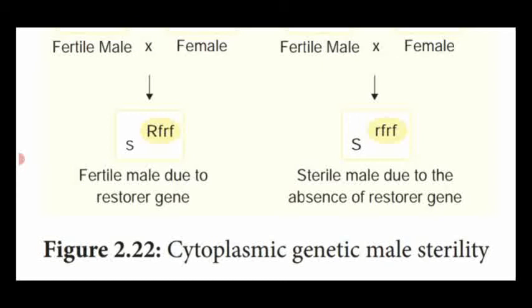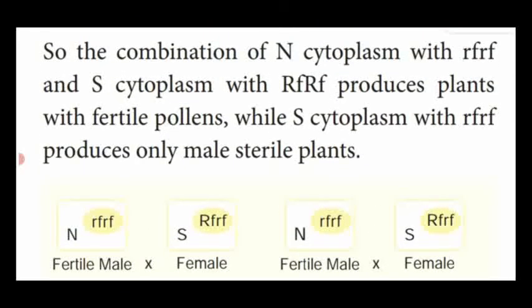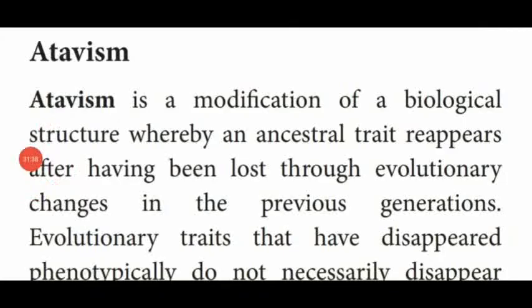So these are all the different cytoplasmic inheritances, proving that other than the nucleus DNA, the chloroplast DNA and mitochondrial DNA are also responsible for the inheritance of characters. That is said to be cytoplasmic inheritance. Then the last topic of this lesson is atavism.